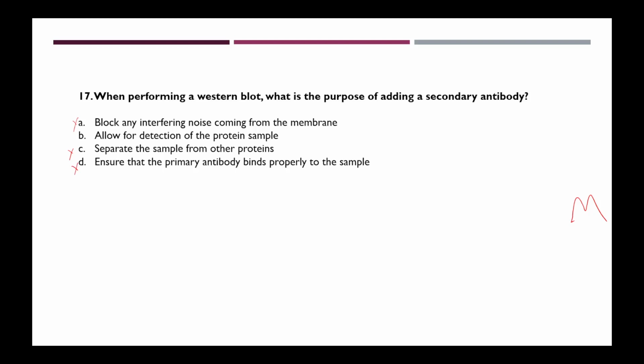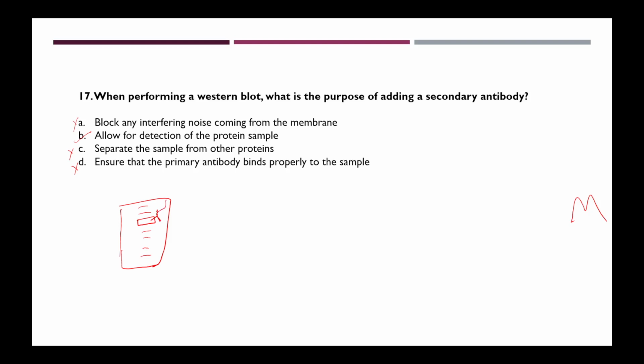The correct option here is allow for the detection of the protein sample. Suppose on the membrane you have your protein of interest, along with many other proteins, and your primary antibody binds to your protein. Then you give the secondary antibody.